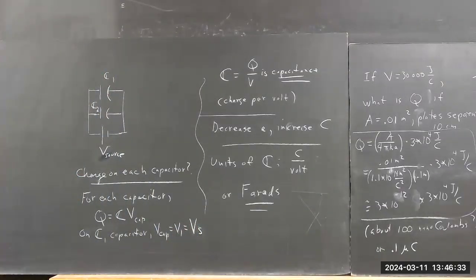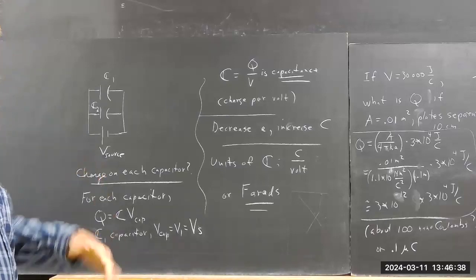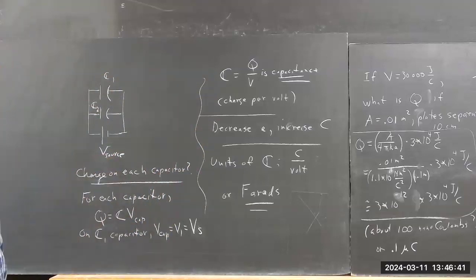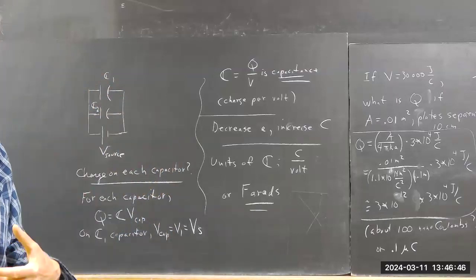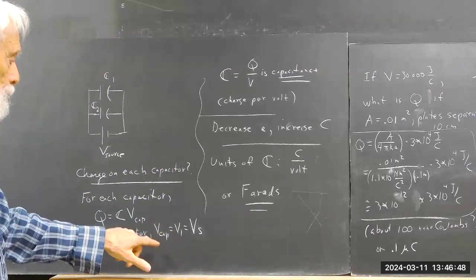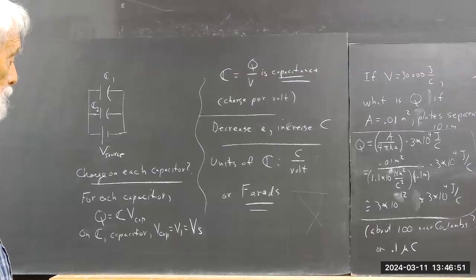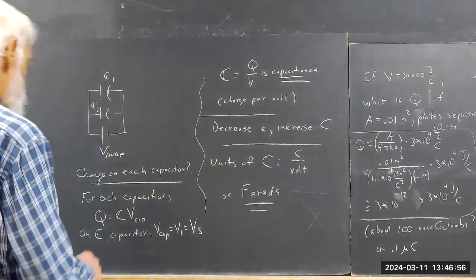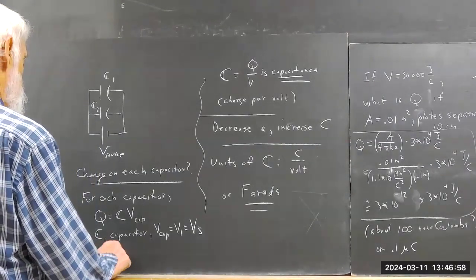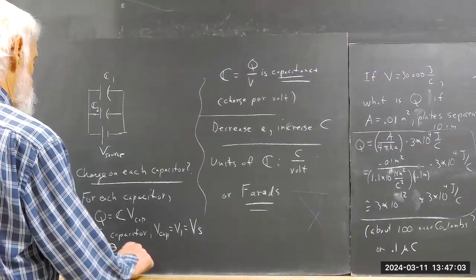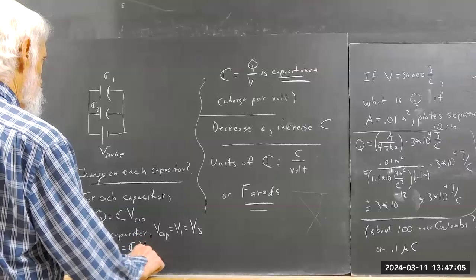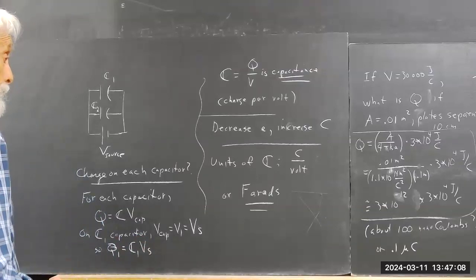Okay. So you go through the source, your voltage goes up by V source. You go through the capacitor, it goes down by V source. The magnitude of the voltage across the capacitor is the voltage of the source. Okay. So the charge is C1 times the voltage of the source.